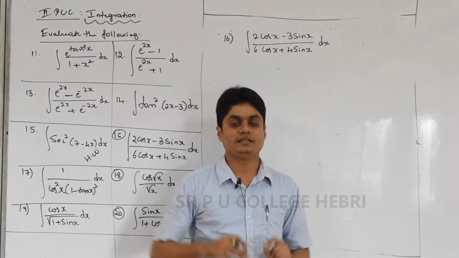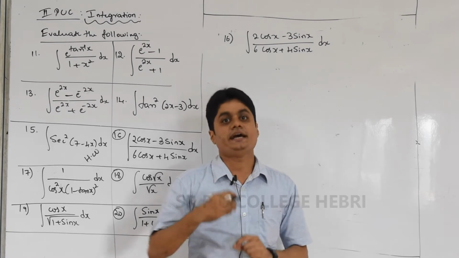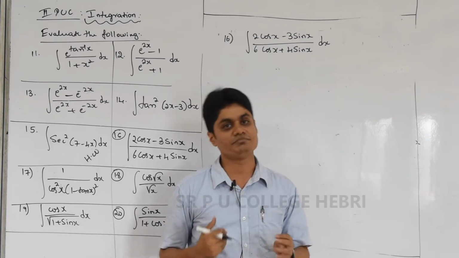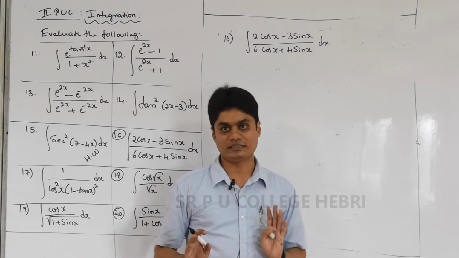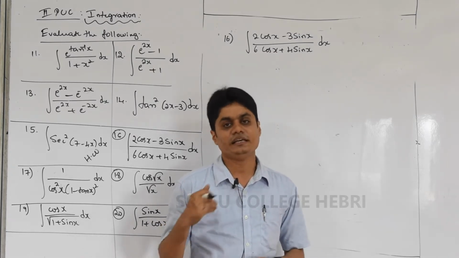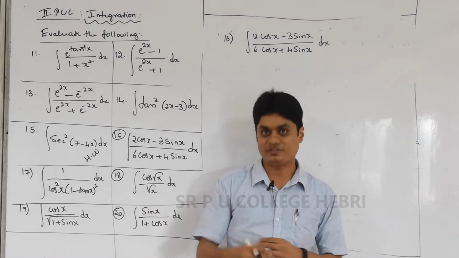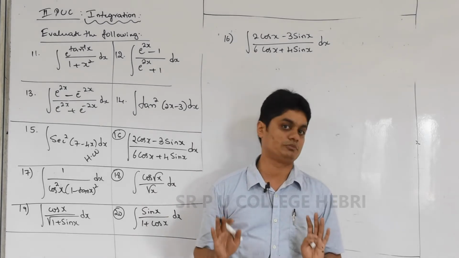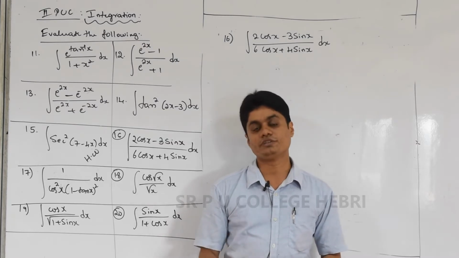Substitute the denominator, differentiate and check whether you will get the numerator directly. If not, check after some rearrangement. Either case works. If it comes directly, okay, finish. If not directly, check whether you can bring the numerator. If you can bring the numerator, then also the problem is solved easily. Otherwise, we have to think about some other method.